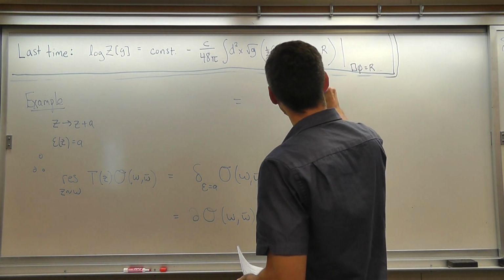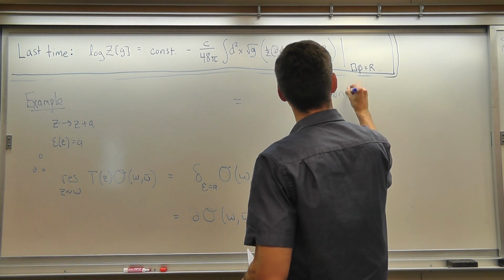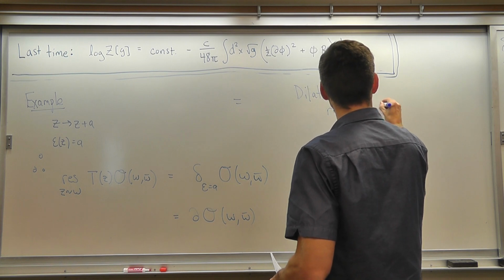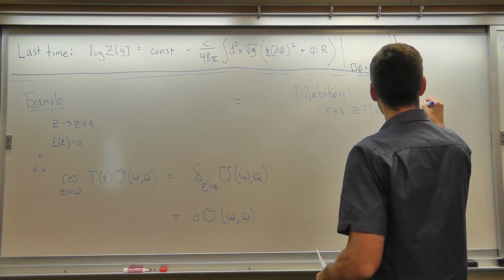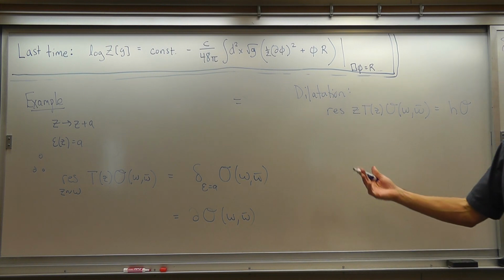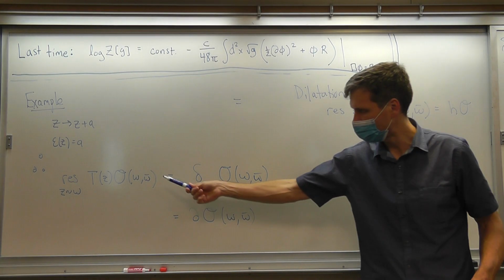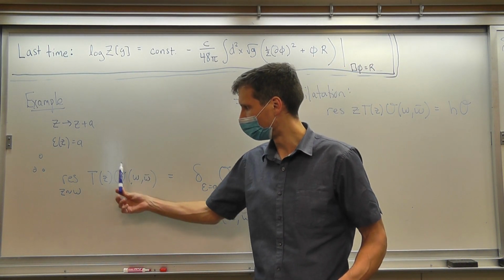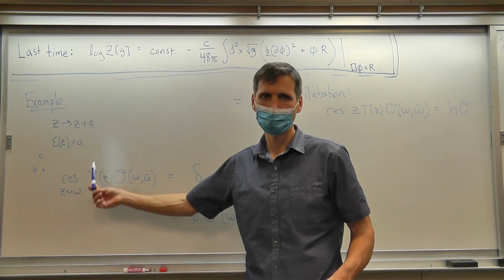You can run through the same argument for the dilatation, and that tells you about the residues of z times T of z times O of w, w bar. And it tells you that this has to equal h O. So if you put these two things together, this residue is telling you about the term in this product that goes as 1 over z minus w.